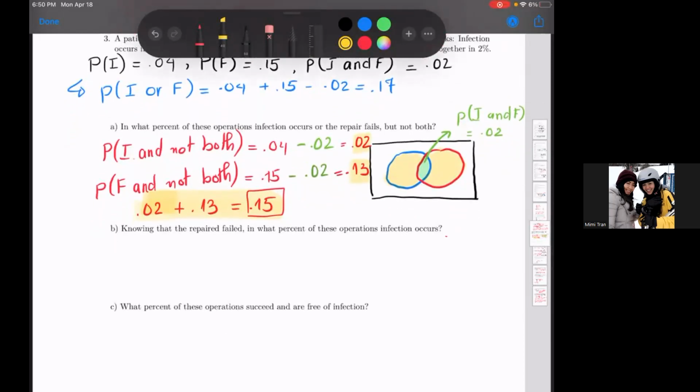Knowing the operation fails, in what percent of these operations does infection occur? What kind of probability am I looking for? Given something, and I want you to calculate something. Yeah, conditional, right? When you're given something, you know that it's conditional.